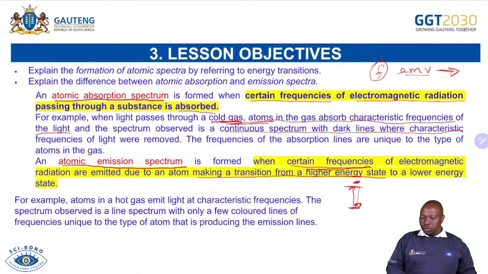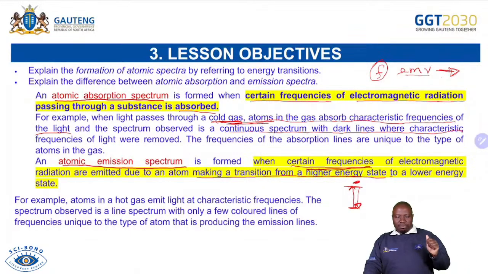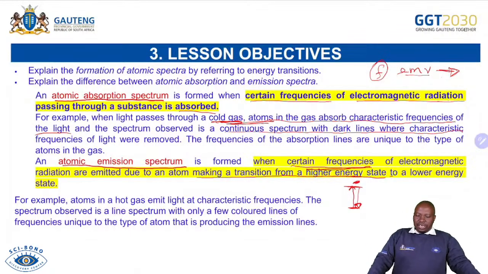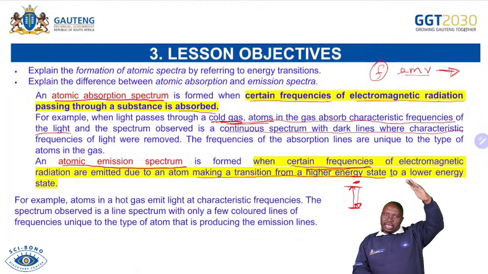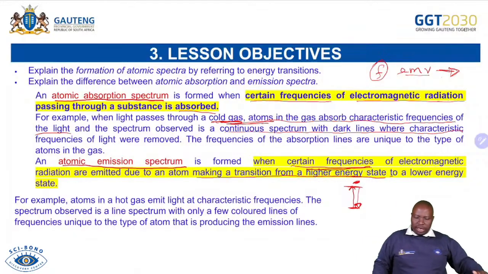So always remember, with atomic emission spectra we're saying certain frequencies of electromagnetic radiation. The difference is that in emission, these certain frequencies are emitted due to an atom making a transition, moving from a higher energy level to a lower energy level.